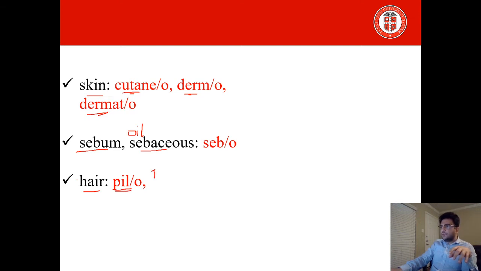Then we have hair, which is said to be pilo. Now, please make sure that you differentiate between PILO and this word, PYLO, because this term refers to kidney. So once we talk about kidney, you will learn about pyelonephritis and those sorts of terms. So please make sure that if it's PILO, that's hair.